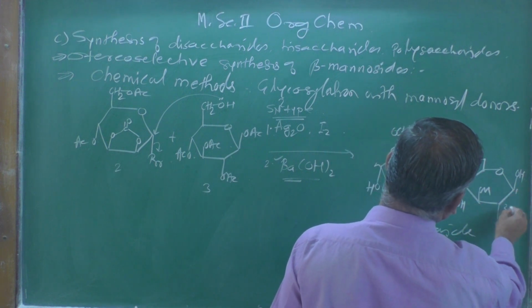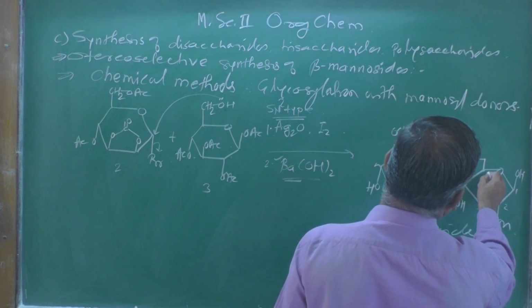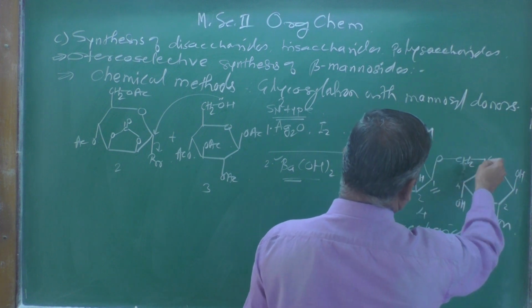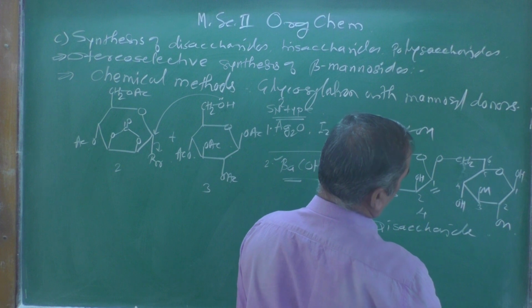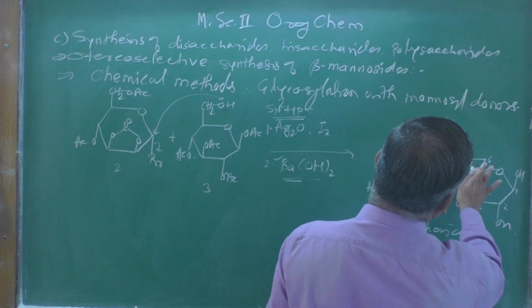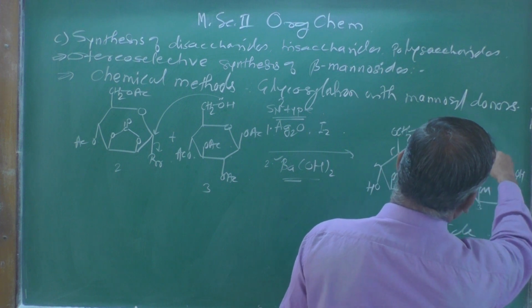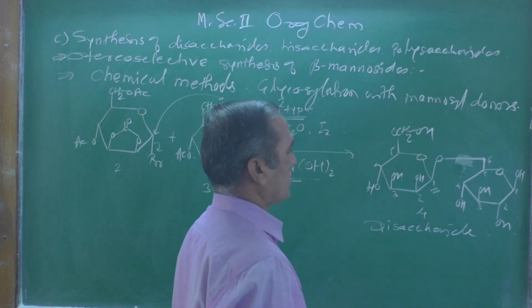This one, 1, 2, 3, 4, 5 and 6. Look at the 1 position and the 6 position. Sorry, here it is not CH2. Here directly you can, this CH2 is nothing but this, make the correction.